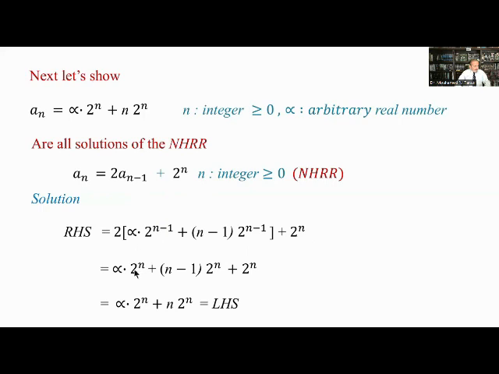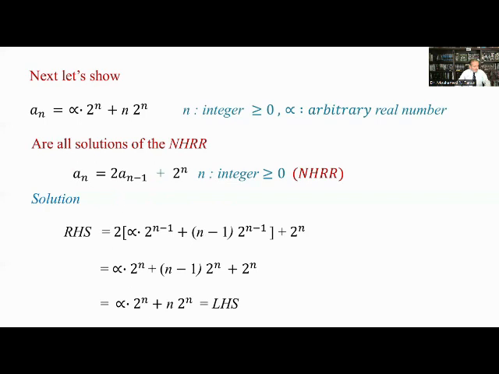So I get alpha 2 to the power n plus (n minus 1) 2 to the power n plus 2 to the power n. You add them, this cancels this, and you get alpha 2 to the power n plus n 2 to the power n, which is the left-hand side. So when you replace this in the left-hand side, that's the left-hand side.